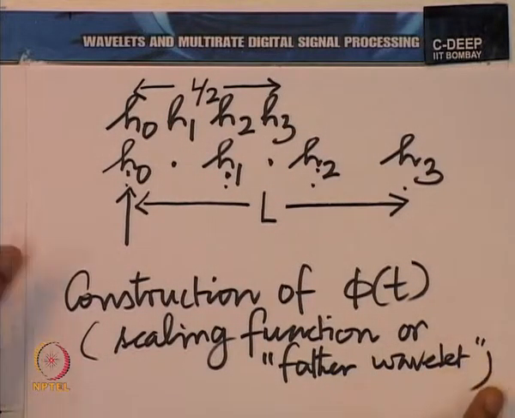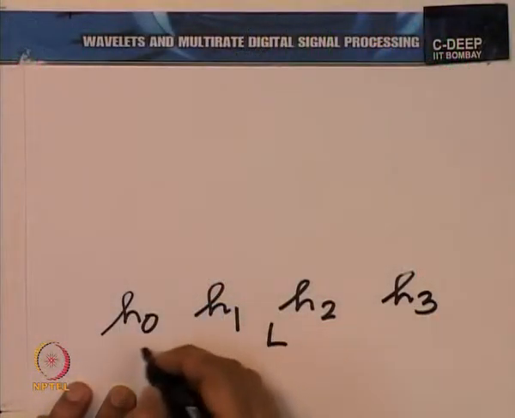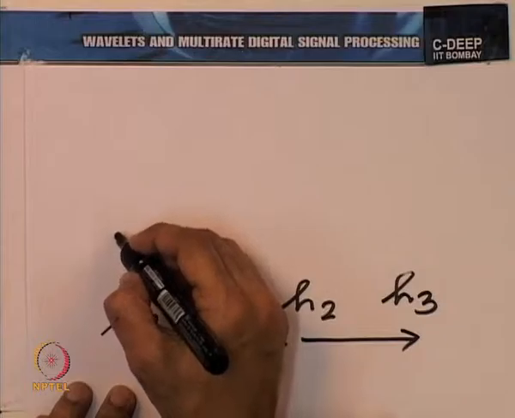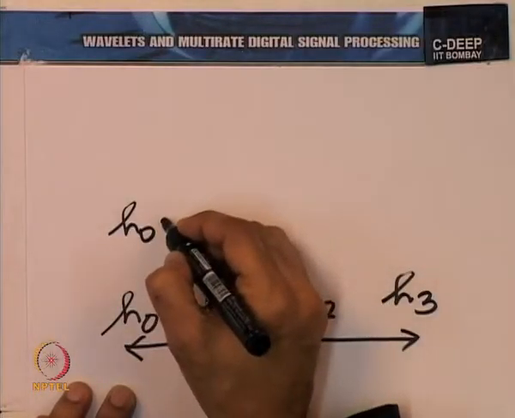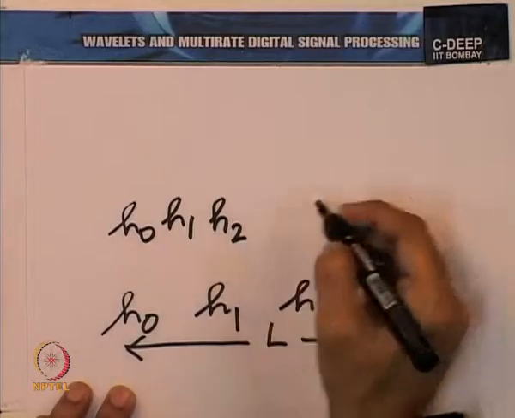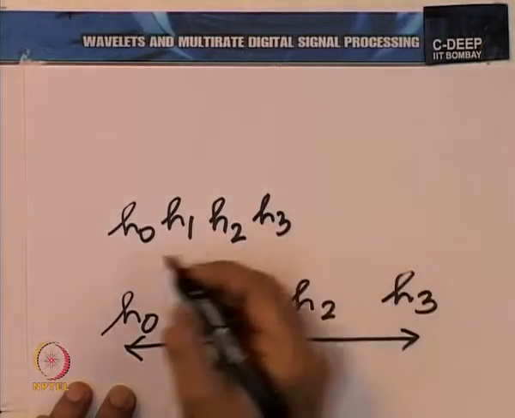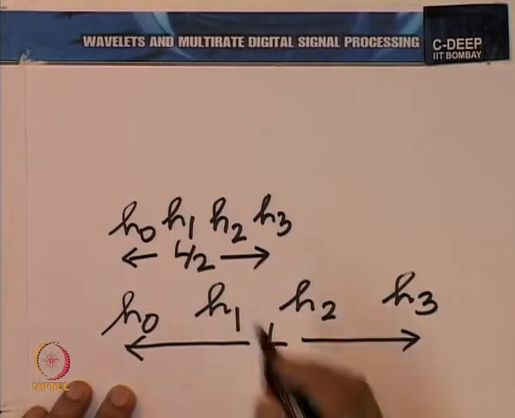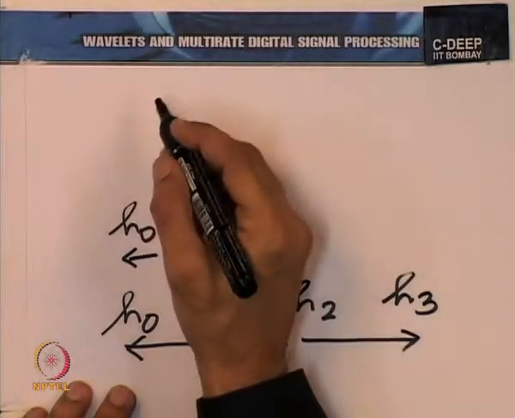So, let me draw the situation carefully. Let me draw it for 2 or 3 steps. What I am saying is, it is a convolution something like this. You start with a train of impulses which is spread over a length of L. The next time the same train is squeezed by a factor of 2, so it spreads over an interval of L by 2. The next time it is squeezed again by a factor of 2.